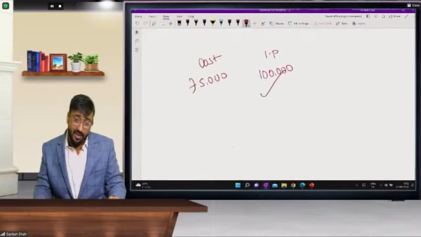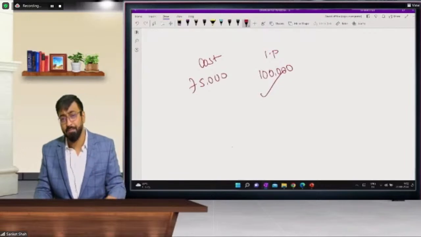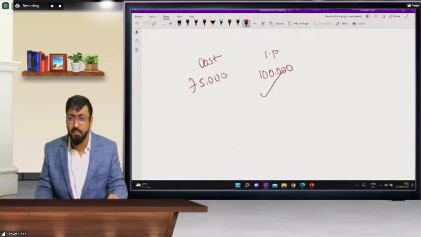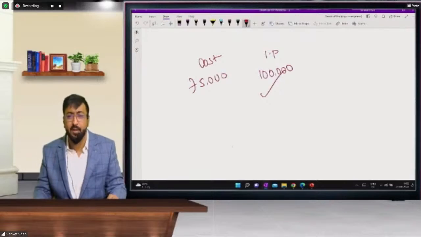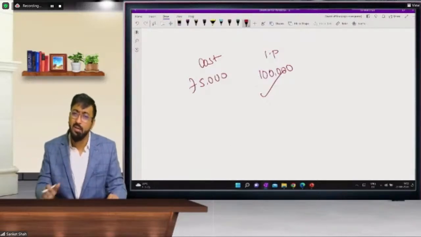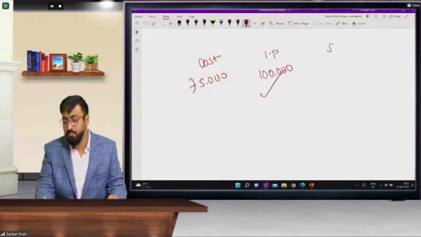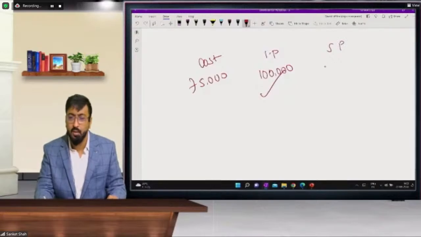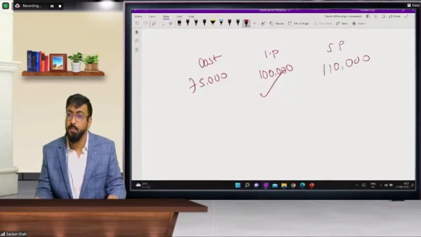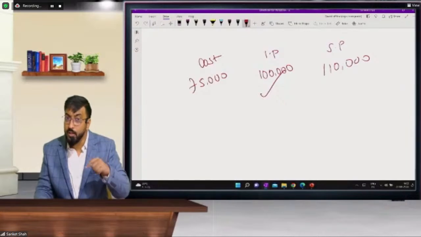But after 10 days he asked me, so what is the price, sir? I like your goods. I want to keep these goods with me. I told him, sir, give me 1,10,000 rupees. So 10,000 extra.